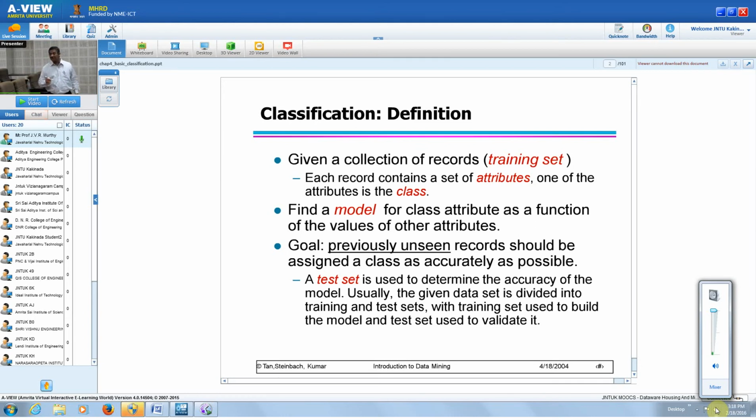To understand this, I need to tell you about the classification of variables.